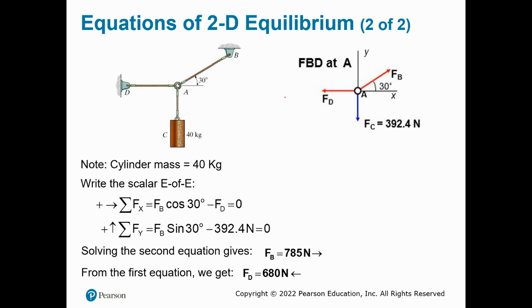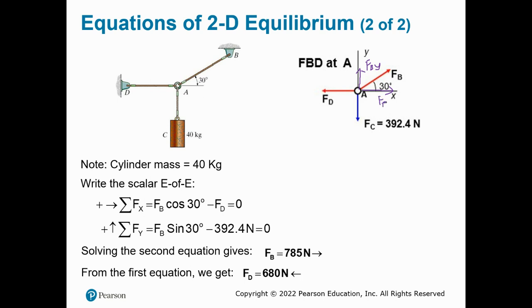Okay, so keep going. I am going to break down my FB into the vertical component and the horizontal component. So on my diagram, over here, I have an FBY, and then horizontally, I have an FBX.